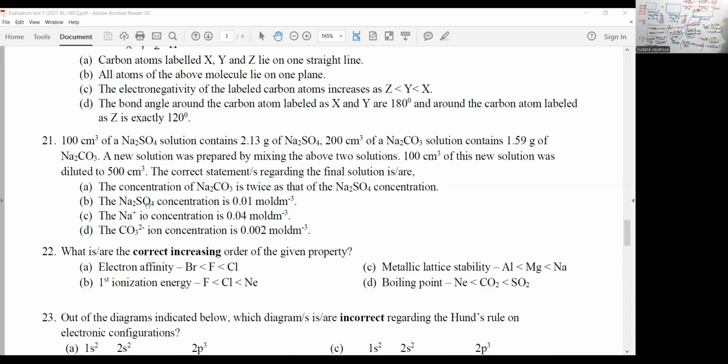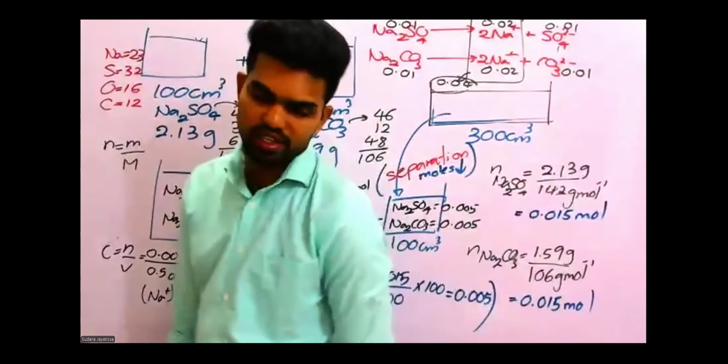Carbonate concentration is 0.01. So you can see now the correct statements: B and C are the correct statements. So the answer is going to be answer 2.